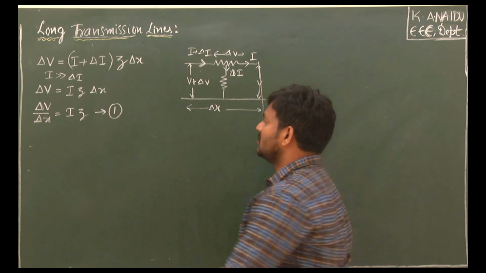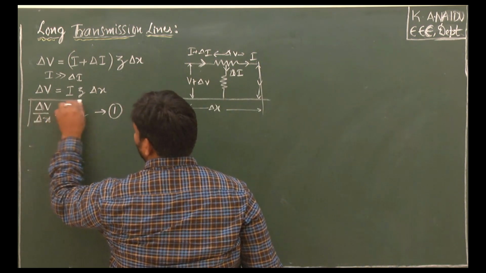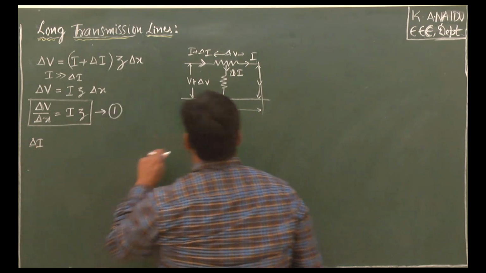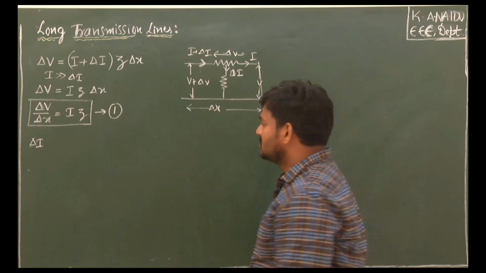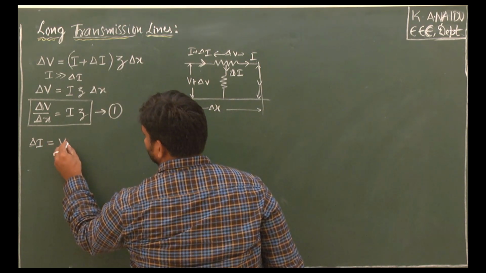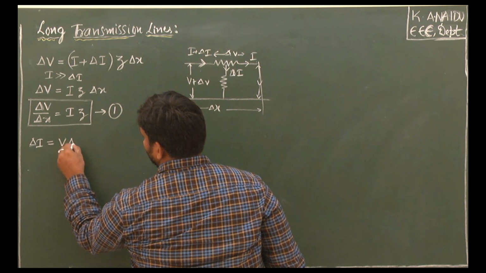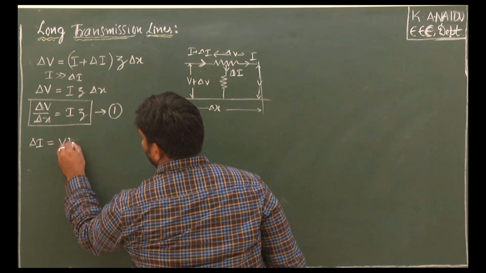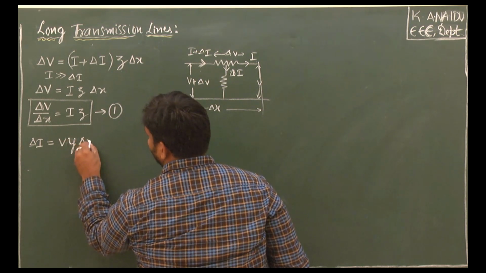Okay. Now, the small current through the differential element, delta I, can be taken as V into small y into delta x.